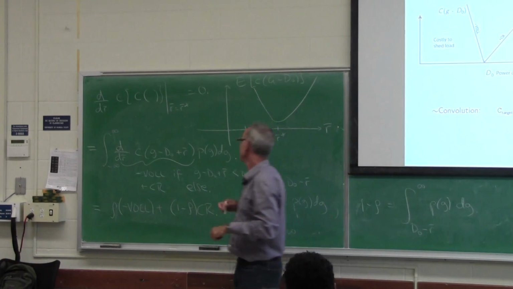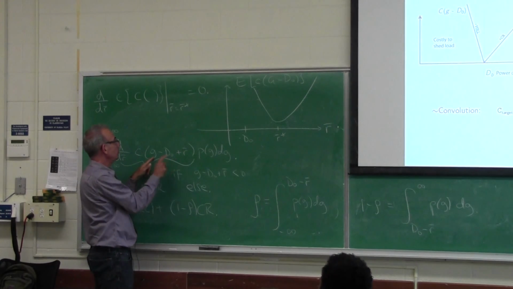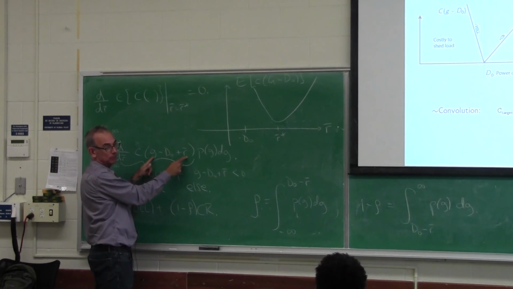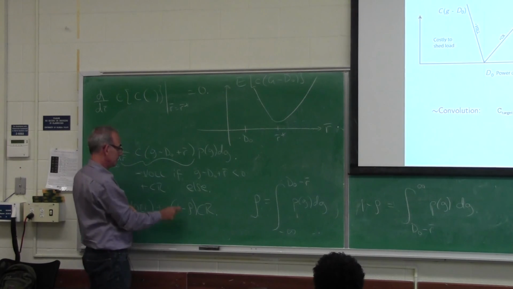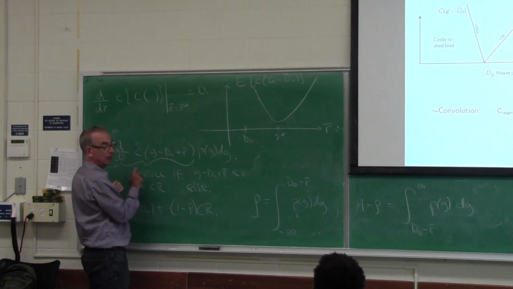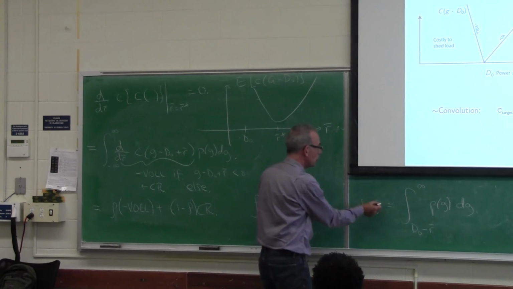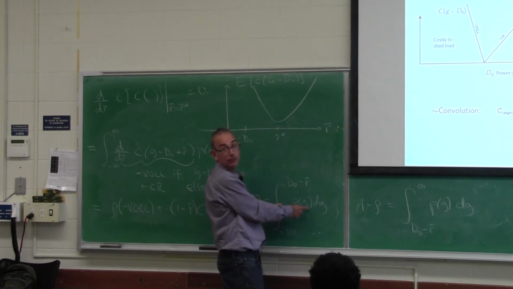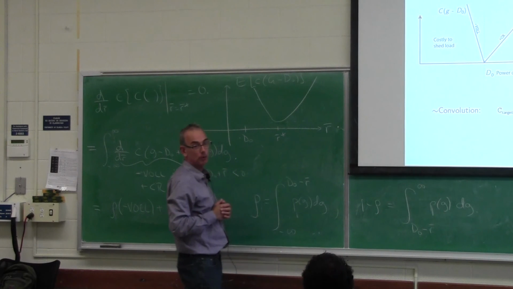Again, when this is 0, that's the critical point, when G equals D naught minus R bar. When G is bigger than that, the slope is plus CR. When G is less than that critical value, we get this negative constant. And it's 1 minus rho because the total integral of a probability density is 1.